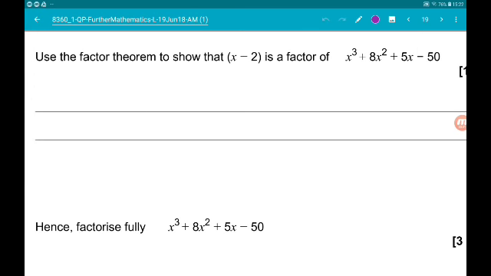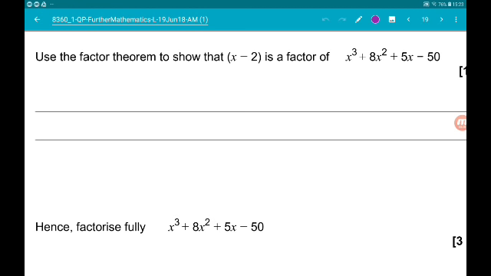Okay, question 17, we have the factor theorem. So I've got plenty of stuff on this in my polynomials playlist down below. So we want to use the factor theorem to show that x minus 2 is a factor of x cubed add 8x squared add 5x minus 50.